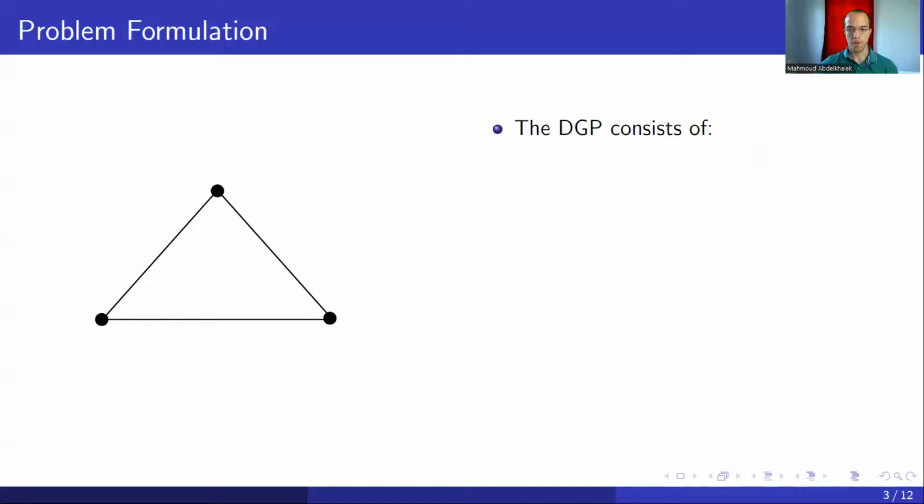I'll use an example to describe what the DGP consists of, and the example structure on the left is what I'm going to use. The first component is the set of points x1 through xn, and these points lie in k-dimensional Euclidean space. In the example on the left, this is R2, and there are 3 points, x1, x2, and x3.